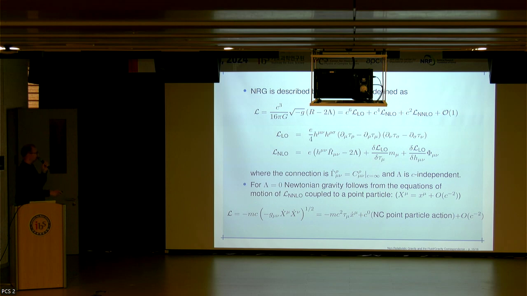So this is the theory that is going to define for us non-relativistic gravity. You don't always get Newtonian gravity; it depends on what matter you couple to that theory. If you couple it to a massive particle, it leads to Newtonian gravity. But if you couple it to other kinds of matter, or for example add a cosmological constant, you get more general solutions.